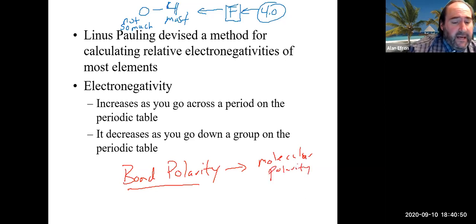The only place where bond polarity and molecular polarity will come into play together is when you have a diatomic molecule, like a couple that we saw. For example, this one, we know the bond between these two is a nonpolar bond. When we look at F2, there's only one bond in the entire thing, which means because that one bond is nonpolar, this is also a nonpolar molecule.